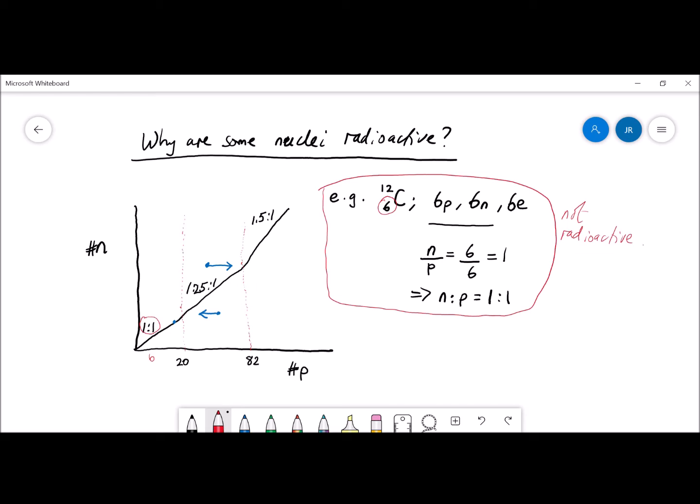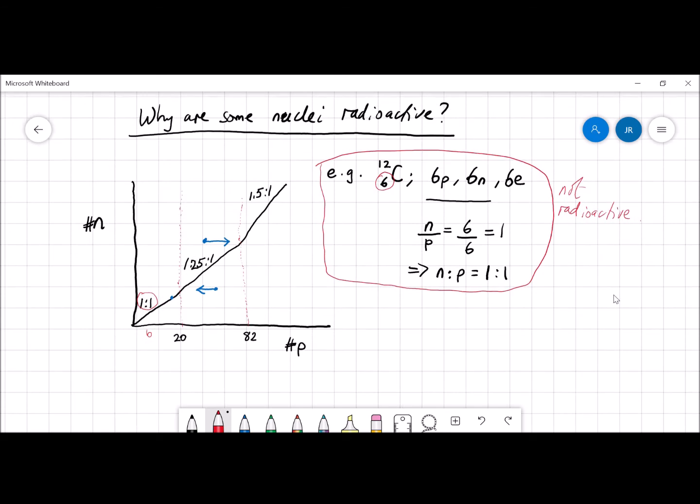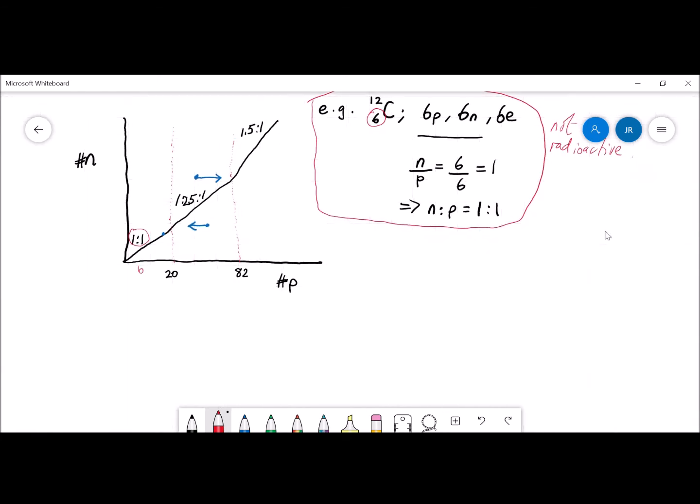Let's compare and contrast this with an isotope of carbon that we know is radioactive. So let's have a look at carbon-14. Here we've got the protons. We have 6 protons. 14 minus 6, so I have 8 neutrons.